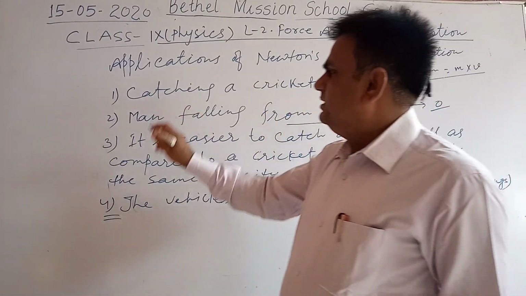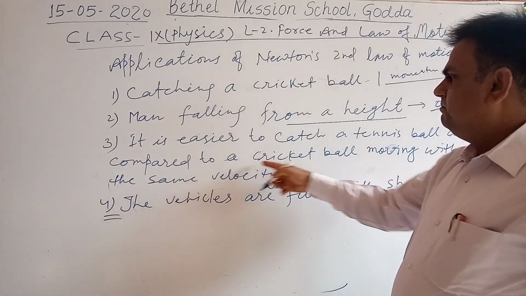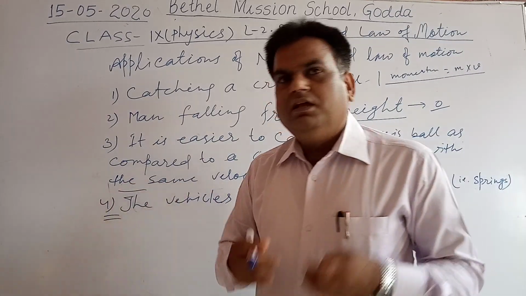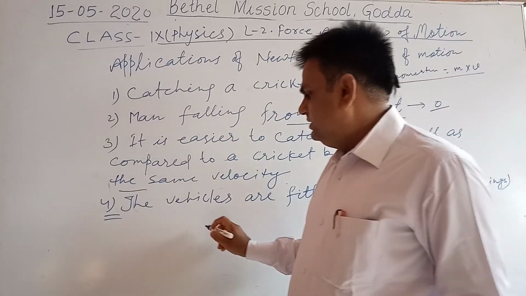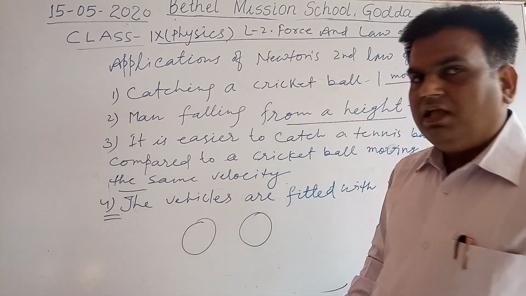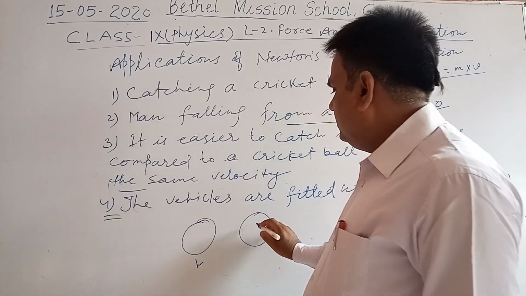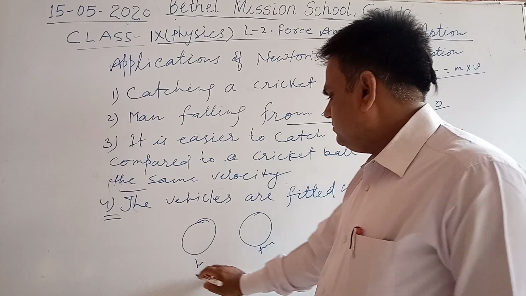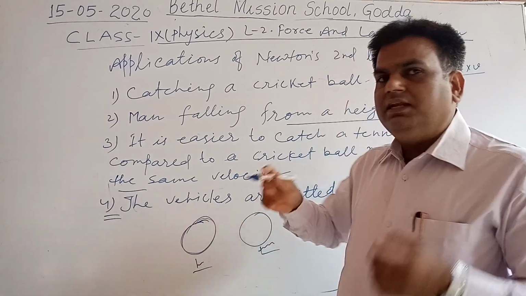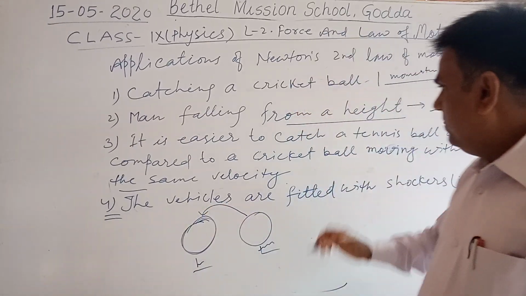Next application: it is easier to catch a tennis ball as compared to a cricket ball moving with the same velocity. Suppose there are two balls, one a cricket ball and the other a tennis ball. The cricket ball is heavier than the tennis ball, so the tennis ball has less momentum in comparison to the cricket ball.